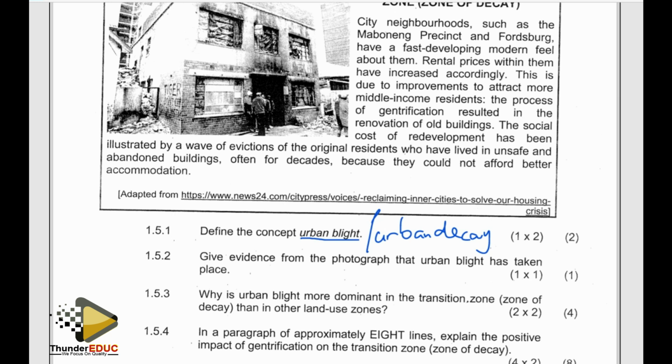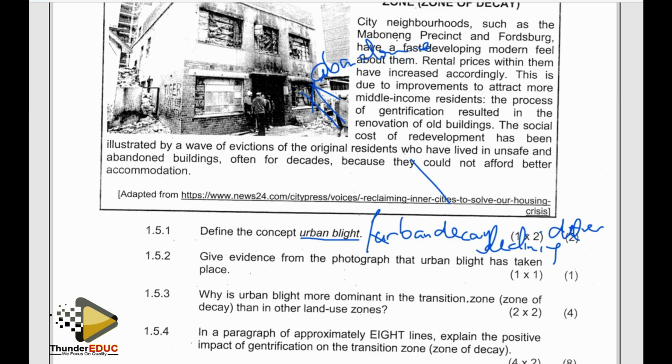Basically, when we're talking of urban blight, we're looking at the decline or deterioration of urban areas, which is mainly seen in the form of crumbling infrastructure. If you see what this building is like, it's not in a good state, it's in a crumbling state. And also in the form of abandoned buildings, which is evidence of urban decay.